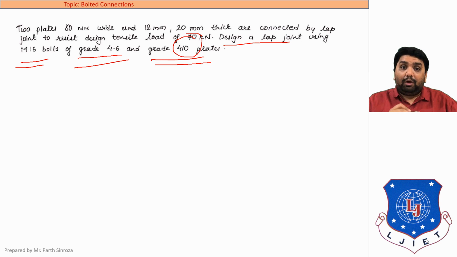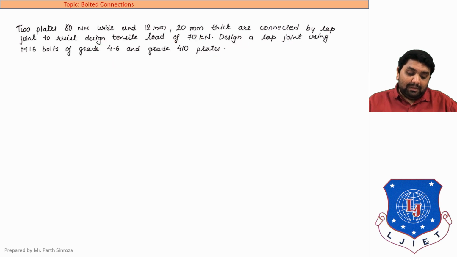Clear? We will always be taking Fu of plate to be 410 in the entire semester. And here, 4.6 grade is for the bolt. So for the bolt Fu will be 400 and for the plate Fu will be 410. Do not get confused about whether we are dealing with plate or bolt. Keep in mind what equations you are inputting and what cases we will be referring.